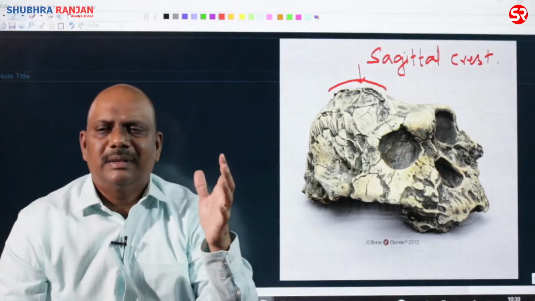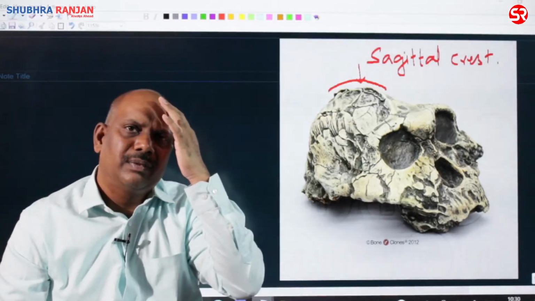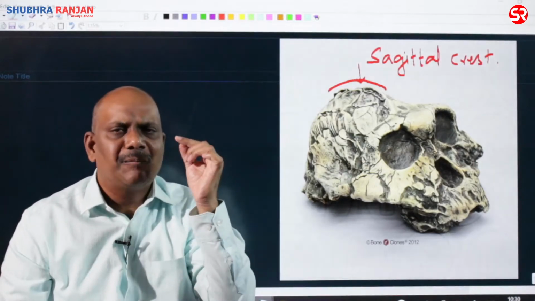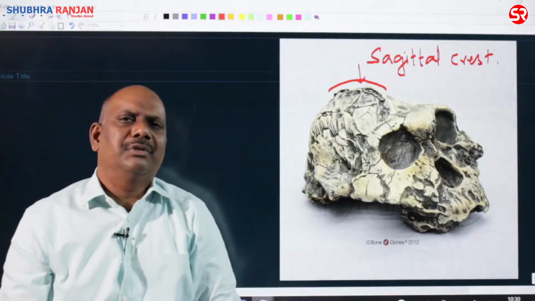So what purpose did this serve? In the course of evolution, the sagittal crest became thinner and thinner, and it is almost absent in human beings.